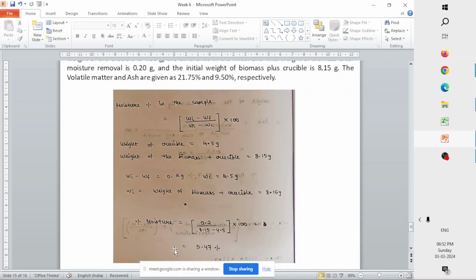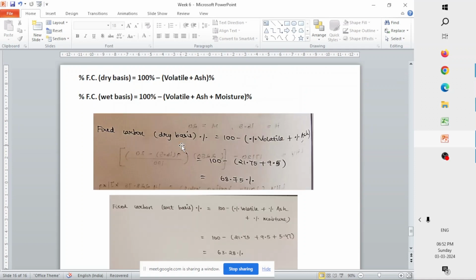But we are asked to calculate the fixed carbon percentage of our sample. So how do you calculate the percentage of fixed carbon? If it is dry basis, then the percentage of fixed carbon is calculated without the moisture, because the moisture has already been removed from the sample. So that is 100% minus (volatile plus ash). The fixed carbon is the carbon present in the sample apart from the contribution from the volatile and the ash component, because the ash component is your inorganic component and the volatile component will go away when you heat the sample.